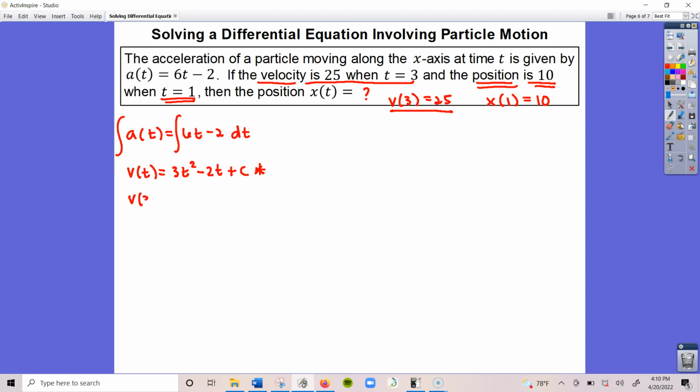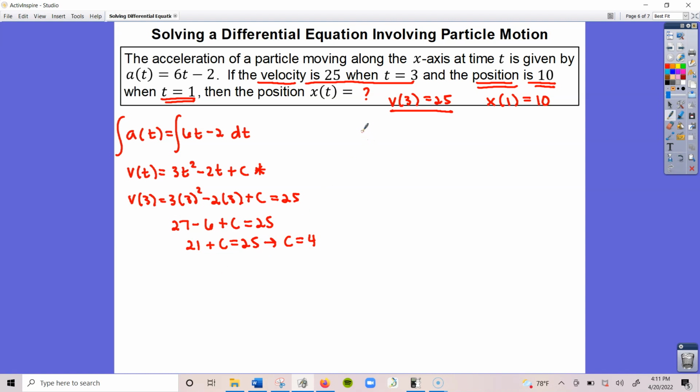V of 3 is going to equal 3 times 3 squared minus 2 times 3 plus c, and that's going to equal 25. 3 squared is 9 times 3 is 27, minus 2 times 3 is 6, plus c is 25. 27 minus 6 is 21, plus c is 25. So if I subtract 21 from both sides, I get that c is equal to 4.